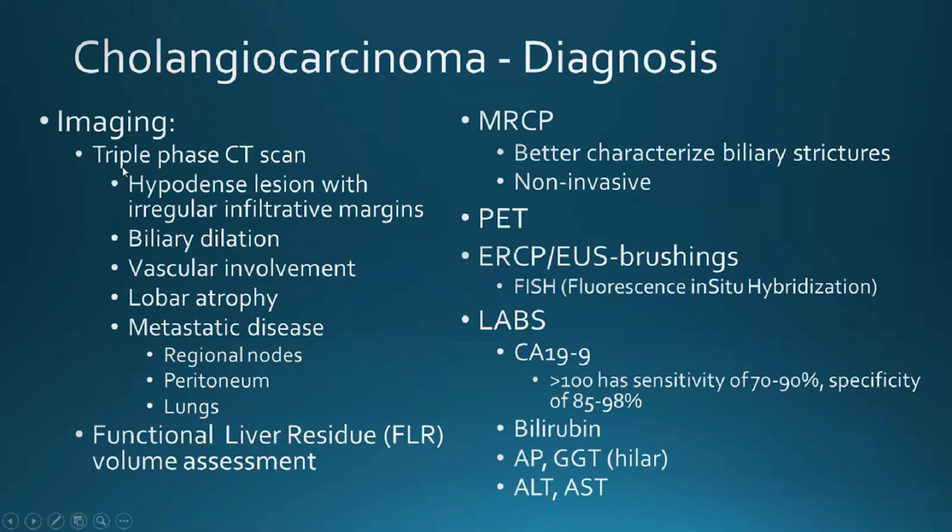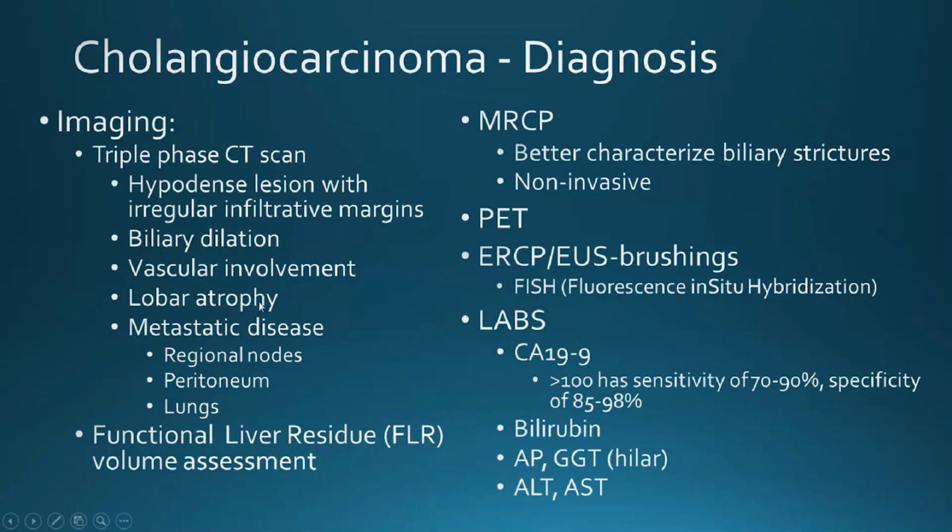With imaging, again, triphasic CT scan shows a hypodense lesion with irregular infiltrative margin. We usually see biliary dilation. Sometimes we do see vascular invasion when the tumor is in the hilum, where the hepatic artery and portal vein branches are entering the liver in a very close space, so the chance of involvement of the hepatic artery or its branches and the portal vein is increased.